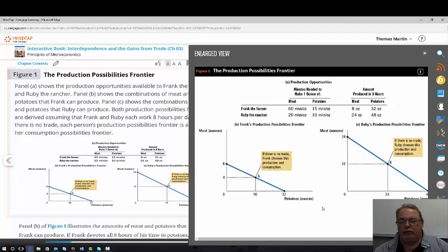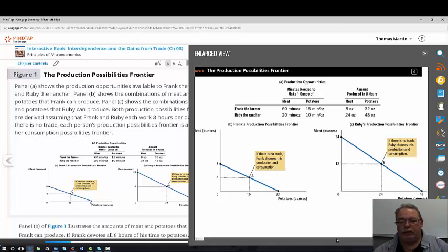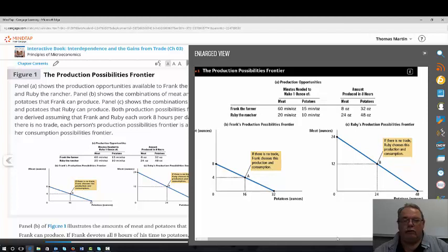If we look at these two production possibility curves, this is Frank's production possibility curve. It shows on the meat axis, or the y-axis, that if Frank only produces meat, he can produce 8 ounces.